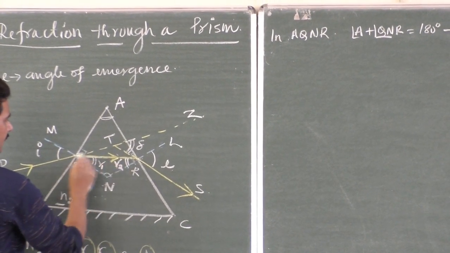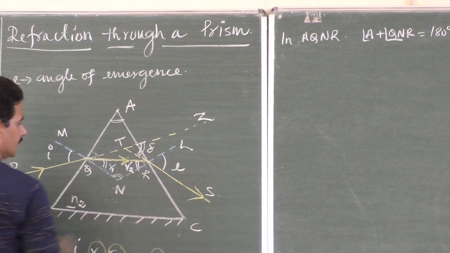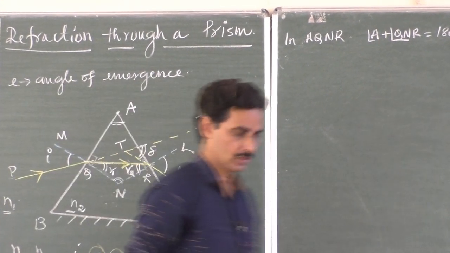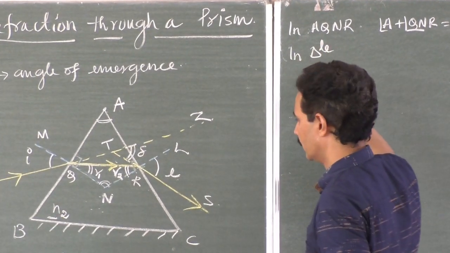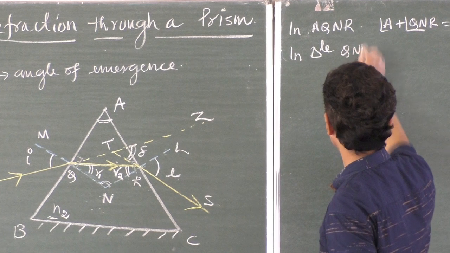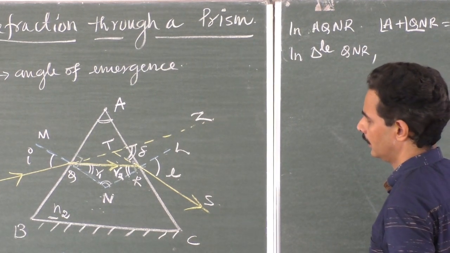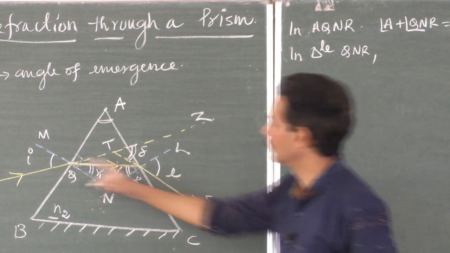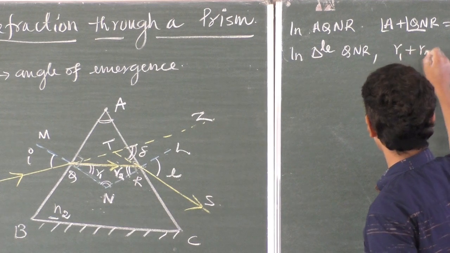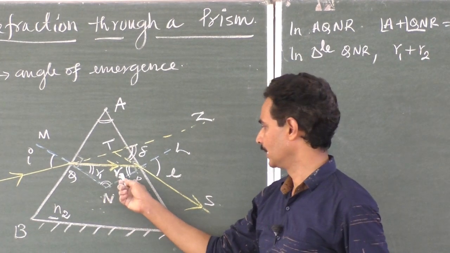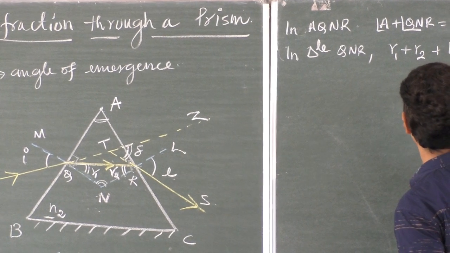Triangle QNR. R1 plus R2 plus angle QNR must be equal to 180 because the sum of the angles of a triangle is 180. So in the triangle QNR, I can write R1 plus R2 plus angle QNR must be equal to 180.